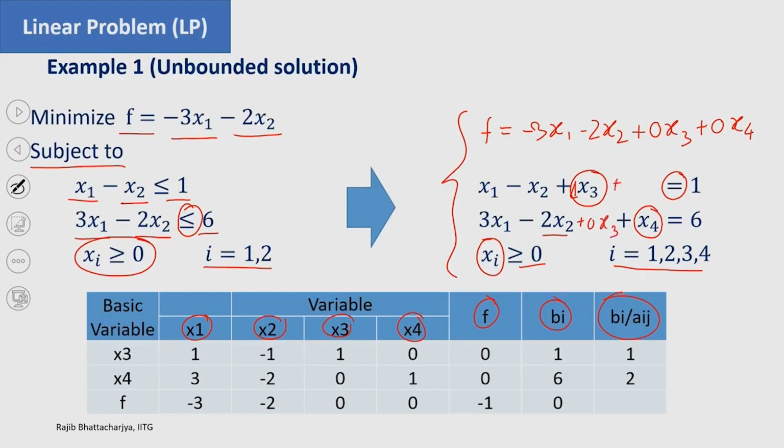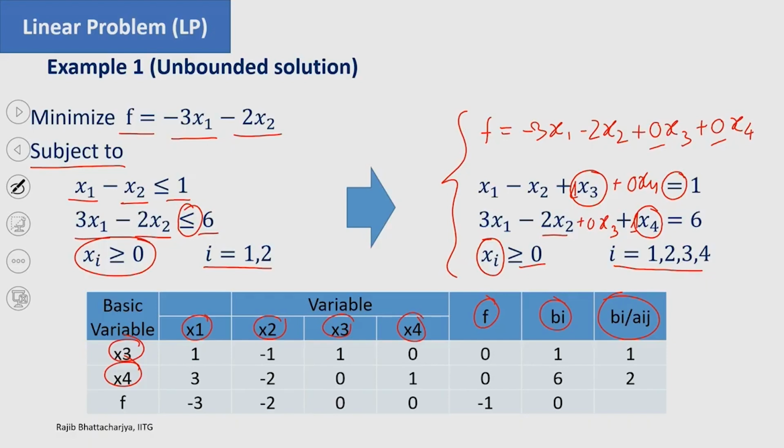Similarly, for x4 the coefficient is 0 here, and here it is 1, and in the objective function row also the coefficients of x3 and x4 are 0. Therefore, initially I can consider that x3 and x4 are the basic variables, and the others, x1 and x2, are non-basic variables.